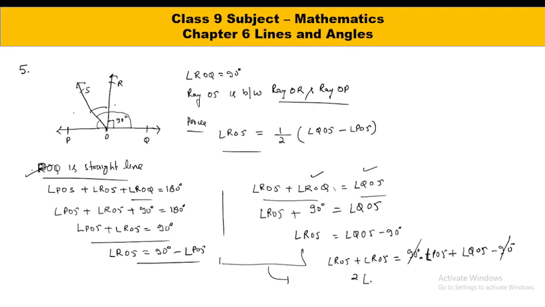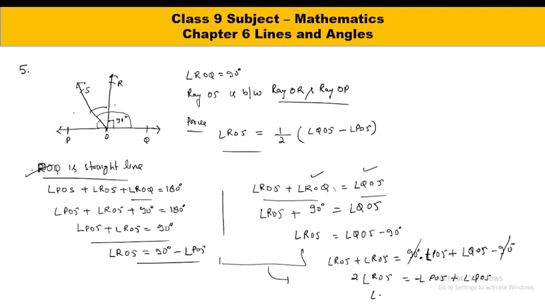So it is 2 times angle ROS equal to minus angle POS plus angle QOS.